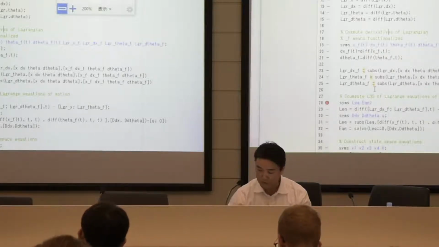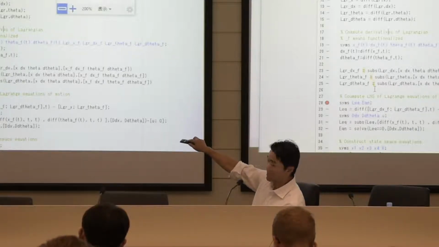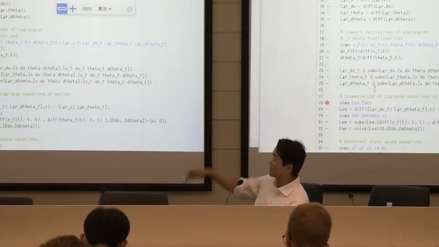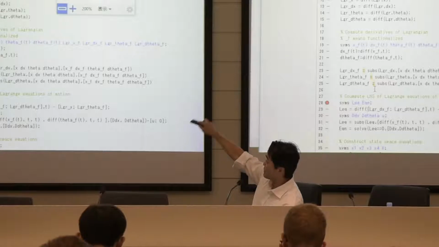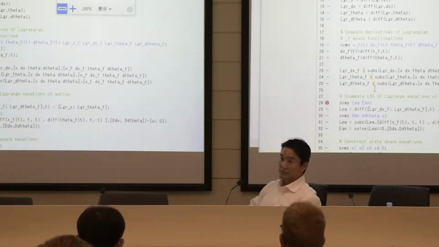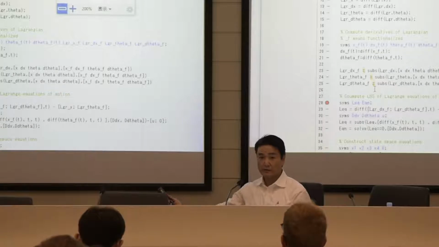Oh, this function is very important, very convenient. This is sort of a debug mode. So instead of running all these files, MATLAB stops here. But still, the result of this part is saved in memory.